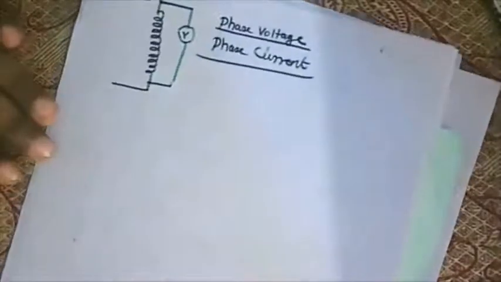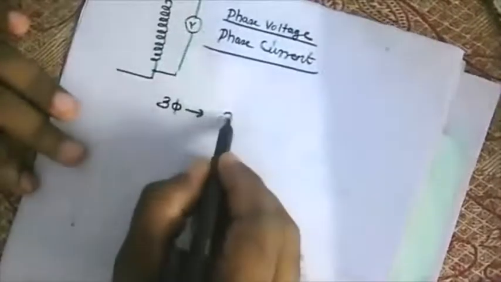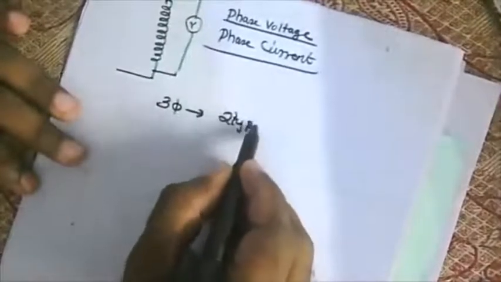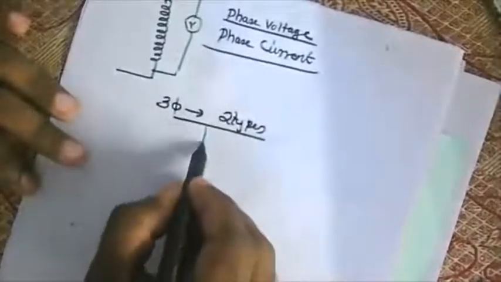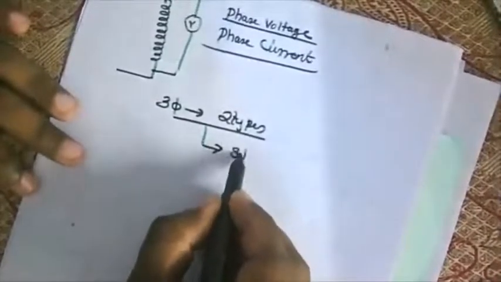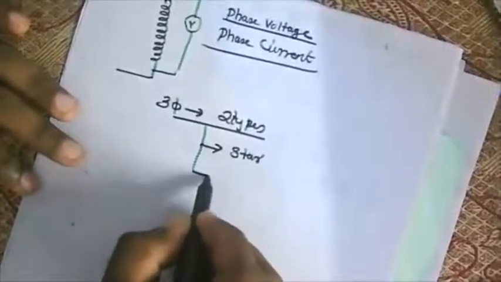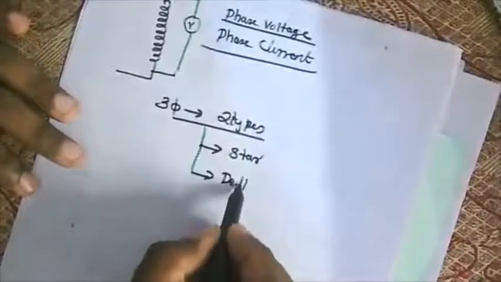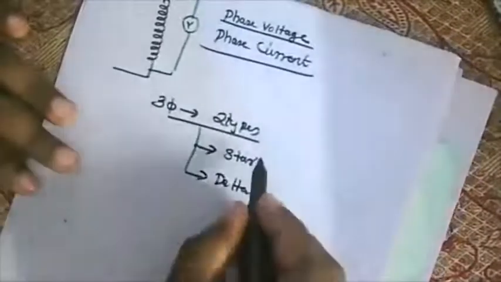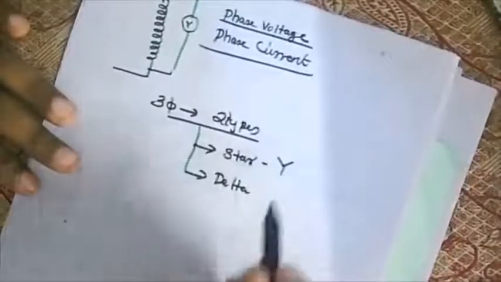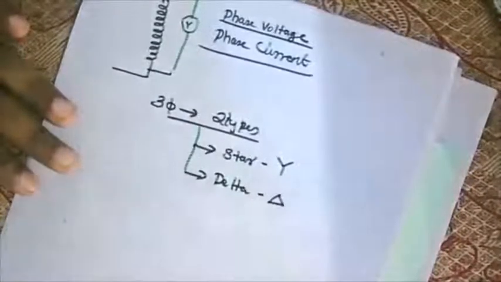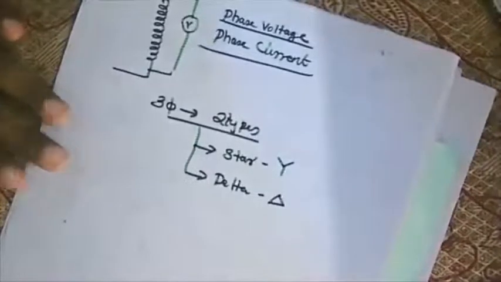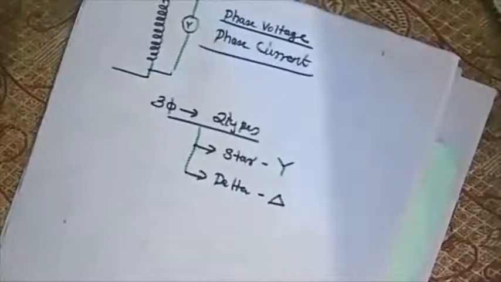Whenever I move to a three-phase system, it has two types. The first one is star, the second is delta. Star means Y, delta means the normal triangle. So how are you going to differentiate?